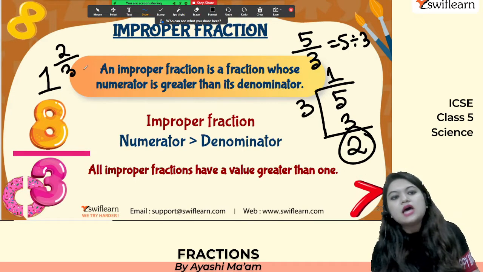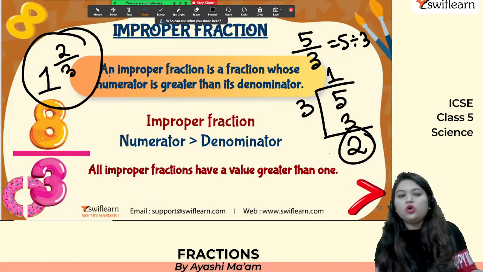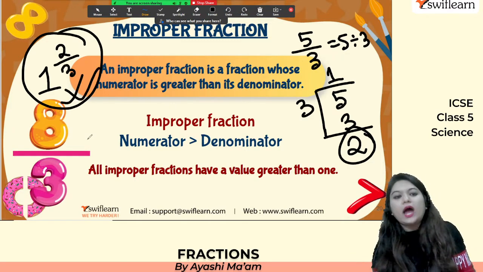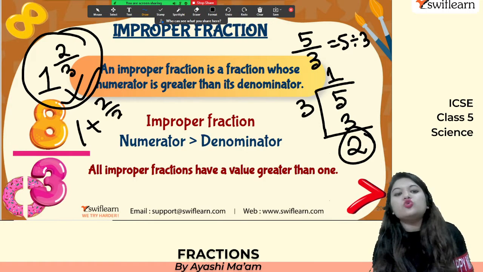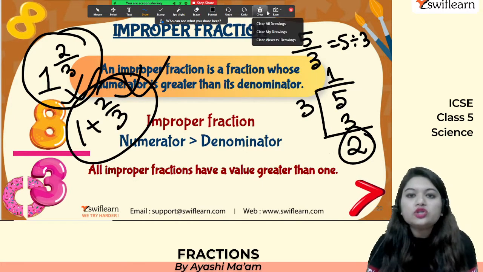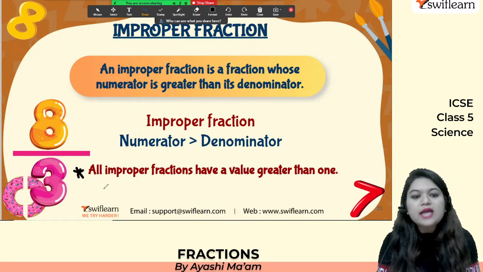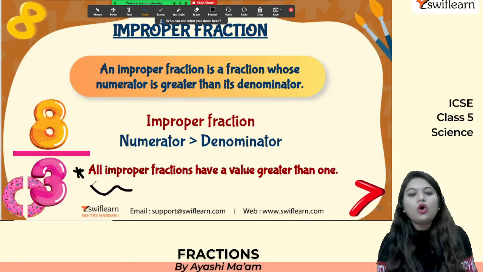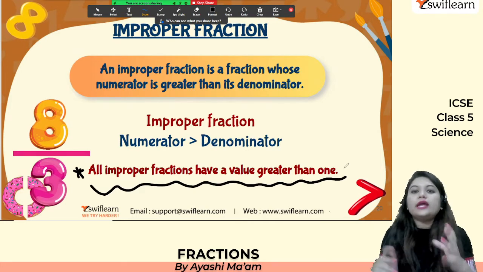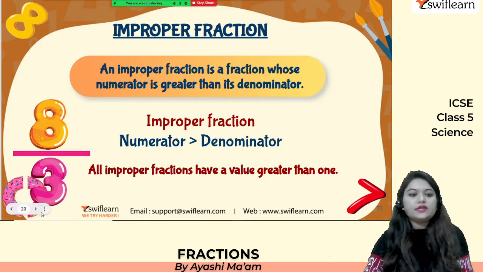So this becomes a mixed fraction, that is 1 whole and 2 by 3. So something more than 1, right? This is like 1 plus 2 by 3, more than 1. For now, you don't need to understand this example completely, but simply understand why we say that all improper fractions have a value greater than 1. There is a reason behind it, and I simply showed you the reason.